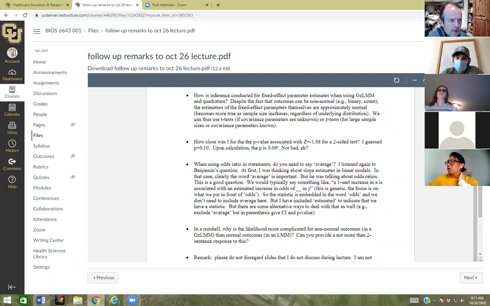Okay, but one of the key things is I want to distinguish the outcome from the parameter estimators, the fixed effect estimators. Just because you have a binary outcome doesn't mean that your beta hats, that's a different distribution.